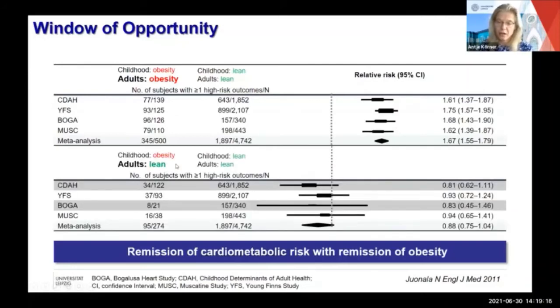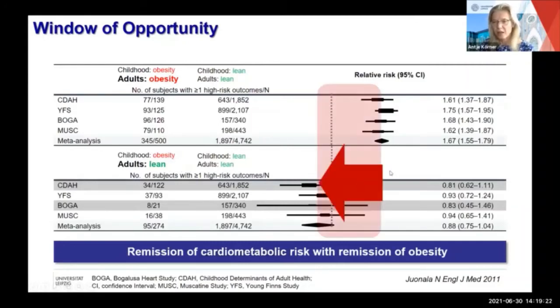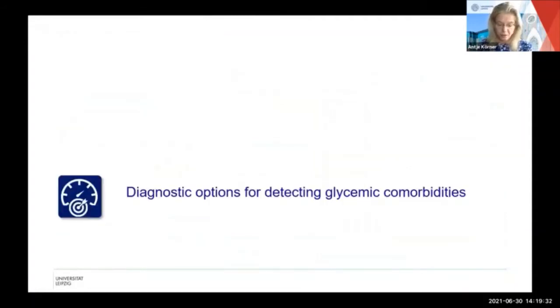However, if childhood obesity reverses and you are normal weight as an adult, then we actually have the possibility to really reduce that risk burden coming with childhood obesity. So it is important to care about it and to treat it, but also to prevent it. Besides treatment and prevention, we also need to detect those children who are at higher risk.